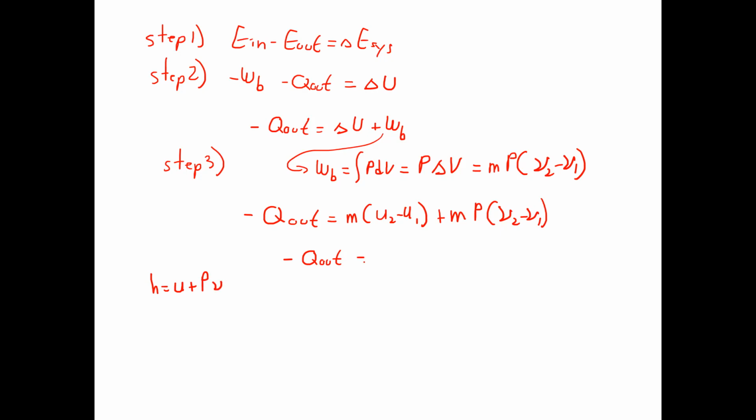So this whole equation can simplify down to Q out is equal to mass times the change in specific enthalpy. Now what's next? Now let's go ahead and evaluate our properties. I need H1 and H2. I need two properties of state 1 to get H1, and the same thing for state 2. So next we'll do that.